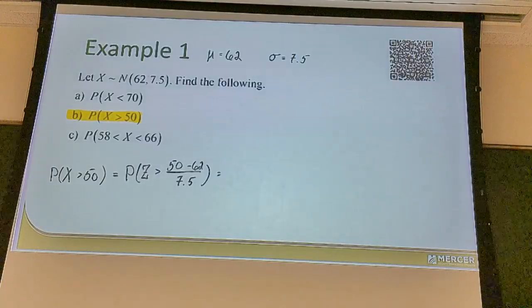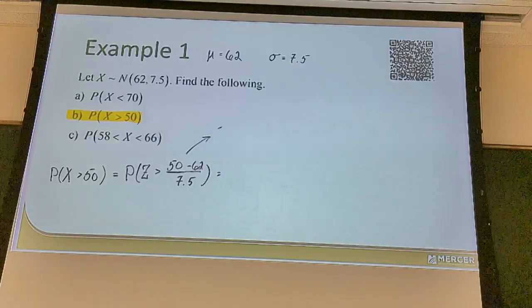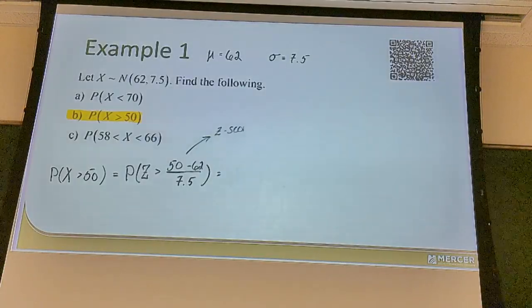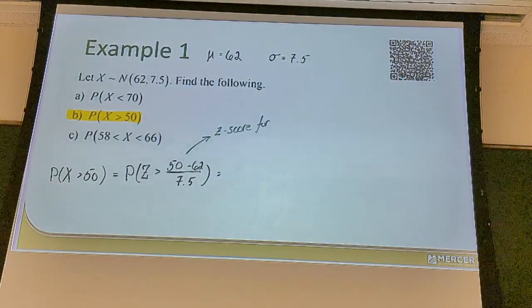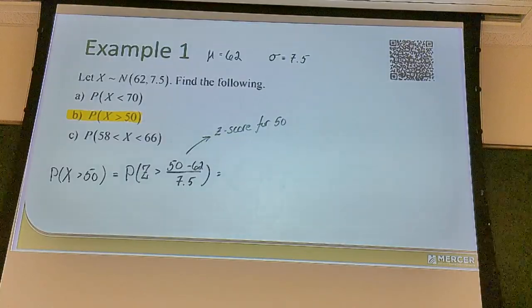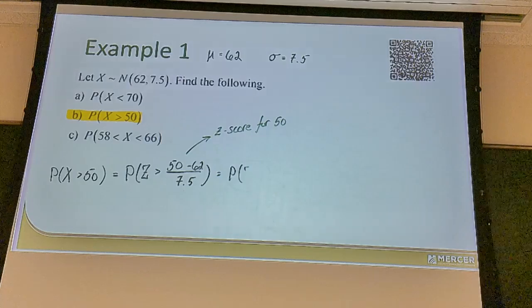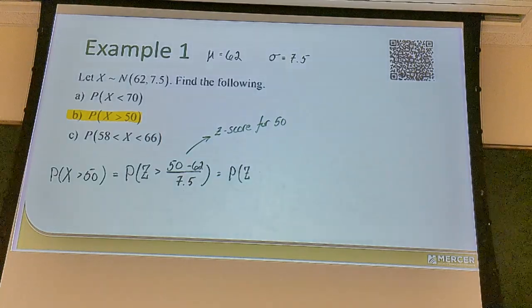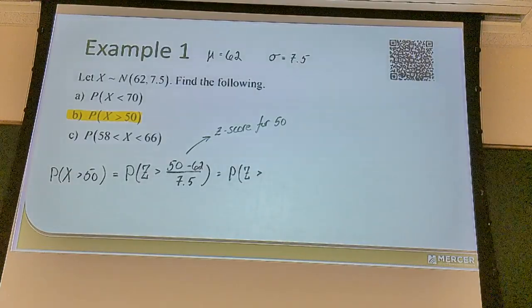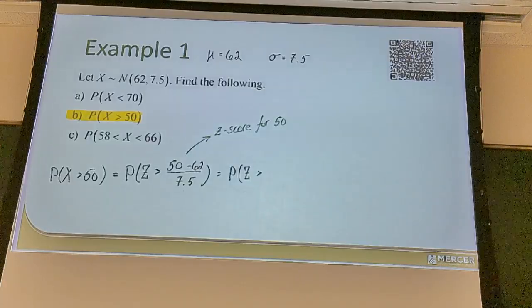Z is greater than our z-score for 50, the standardized value of 50. What is that? Negative 1.60.